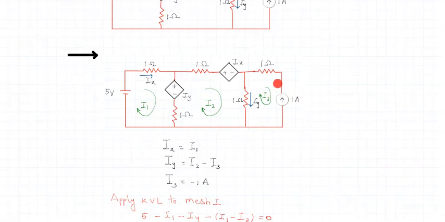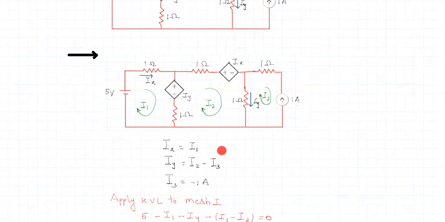I3 is flowing downward, whereas the current source has the upward direction, and hence because of the arrow mentioned in the current source, we have to assign I3 a value of -1, since both are in reverse directions. So I3 is equivalent to the current source in that branch, with a minus sign because the currents are in the reverse direction. So I3 is minus 1.